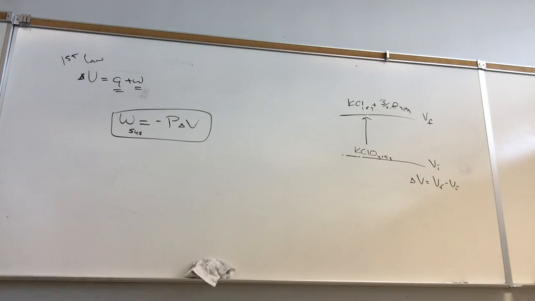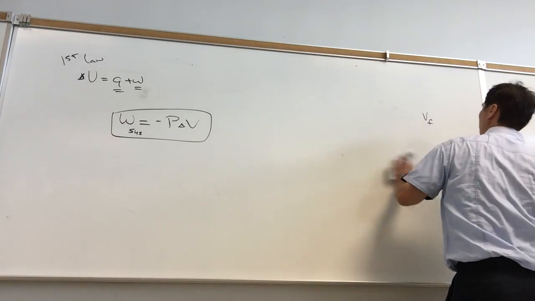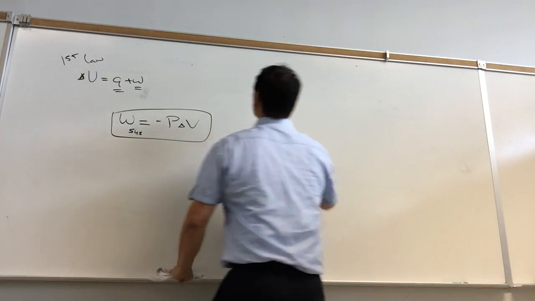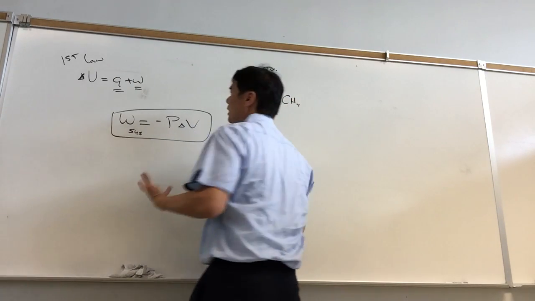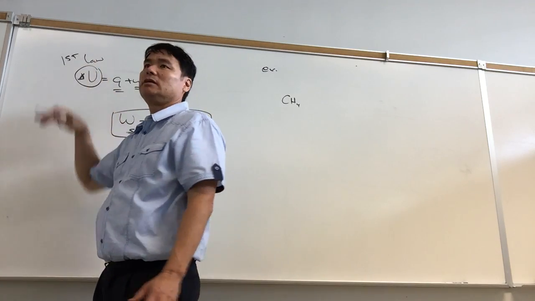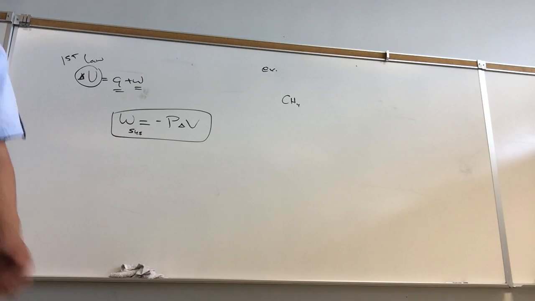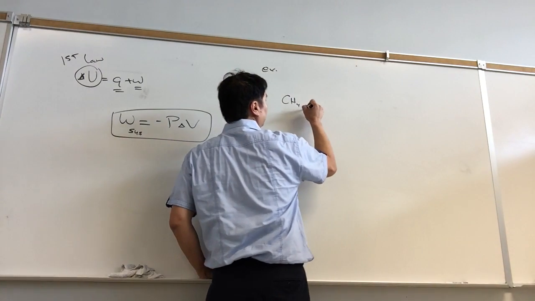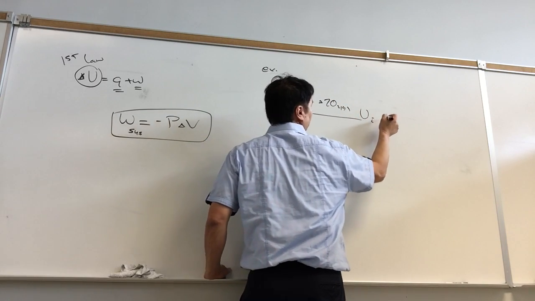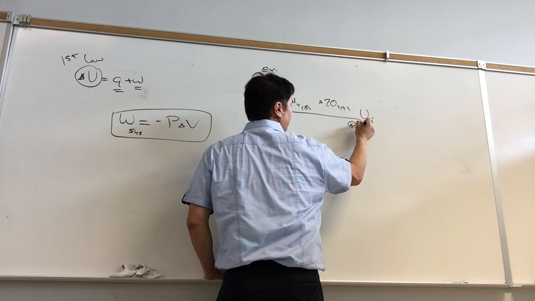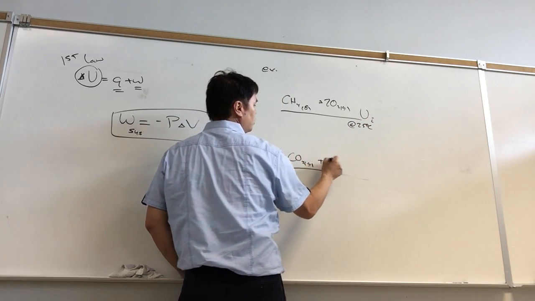Okay, so let's look at combustion of methane right now and look at the work involved in the combustion of methane. So I want to figure out what my total energy change is, delta U. And so here, if I have methane gas plus 2O2 gas, and I start off with a U initial, let's go at 25 degrees C, and then I go down to CO2 gas and H2O liquid.